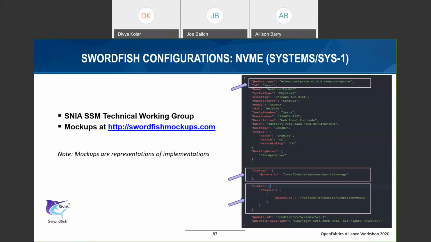And we can also see that there is a link to the simplest NVMe SSD drive, which is sitting in the chassis. So these are nothing but the JSON schema files. Schemas can be defined in either JSON format or XML format. Both are being implemented. So this one is the JSON format. So moving on to the next slide.